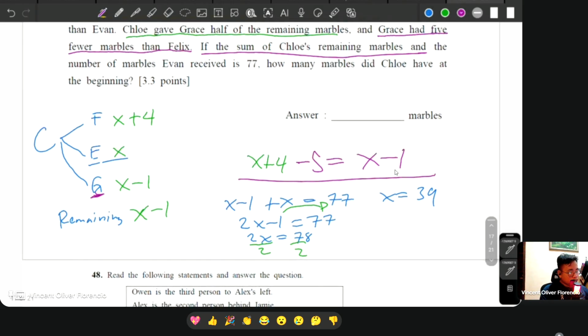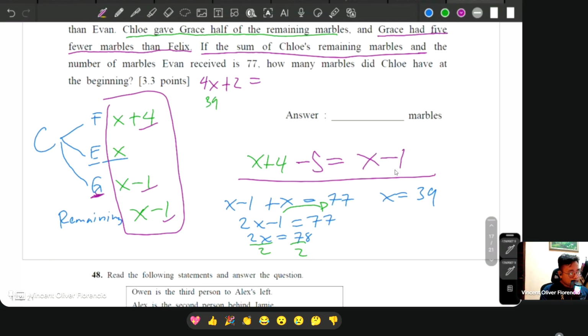All of these are Chloe's marbles. If you combine that, that's going to be X plus X plus X plus X, which is 4X. 4 minus 1 minus 1 is going to be 2. Now the X is going to be 39, right?